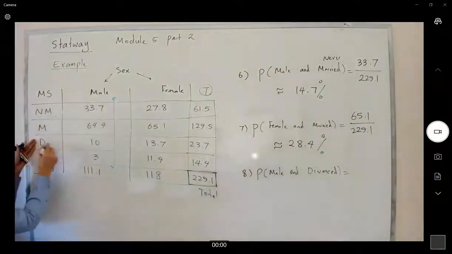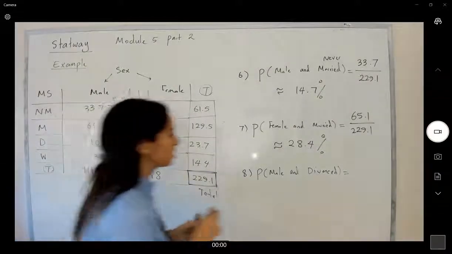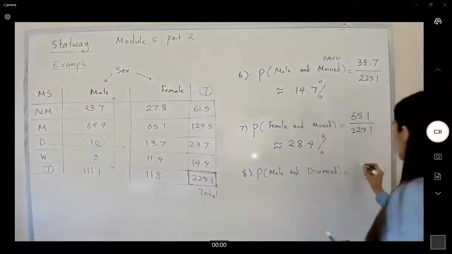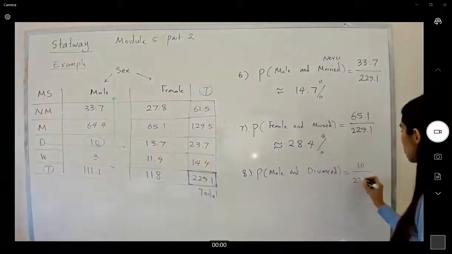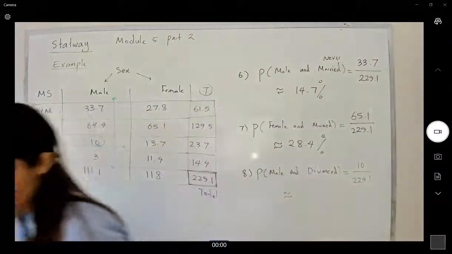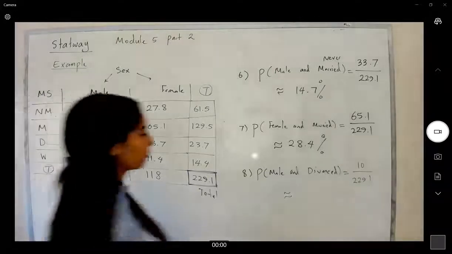The category of divorced is this category. So the intersection is 10. We get 10 out of the total, which is 229.1, which gives us approximately 4.4%.